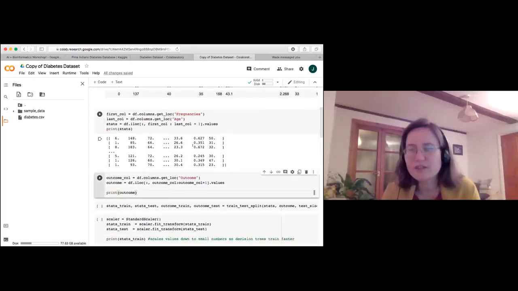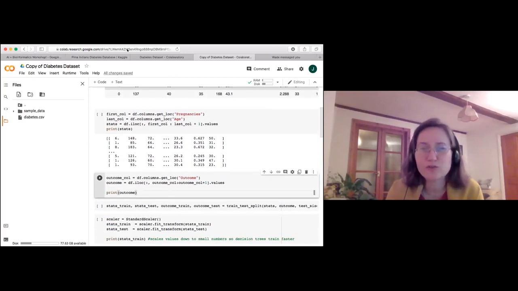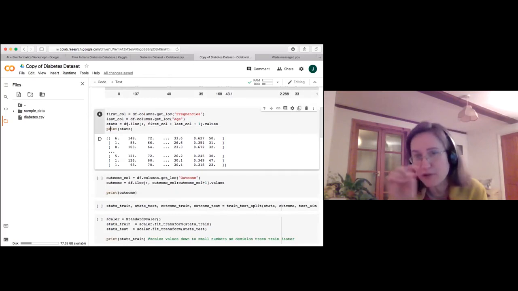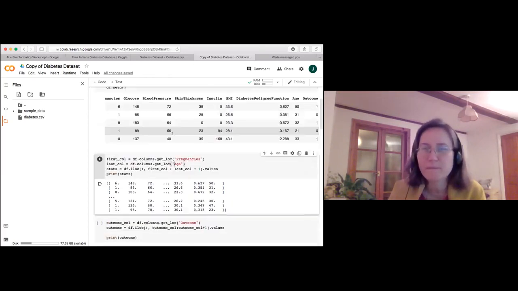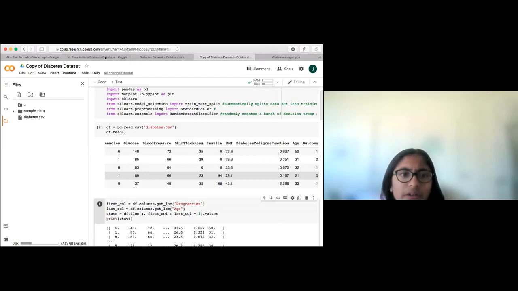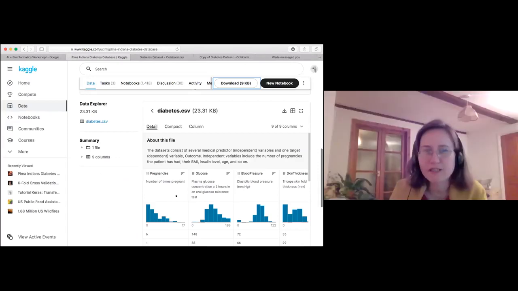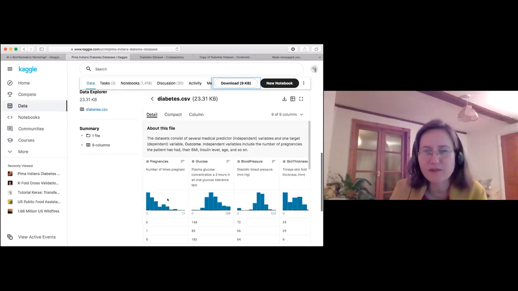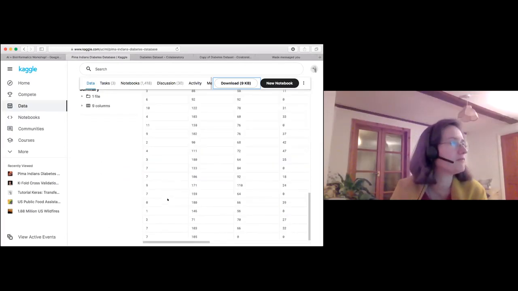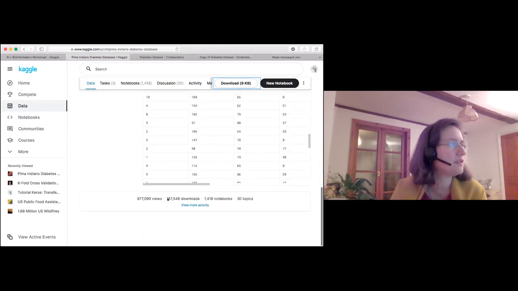I've got a question, if I may. Do you know how big that whole data set is? Because obviously you're only printing out the first few lines of it. How big's the whole thing? Oh, I don't know. I think we can look here though. Yeah, I tried looking through there. I didn't see it. It might be a couple of hundred.